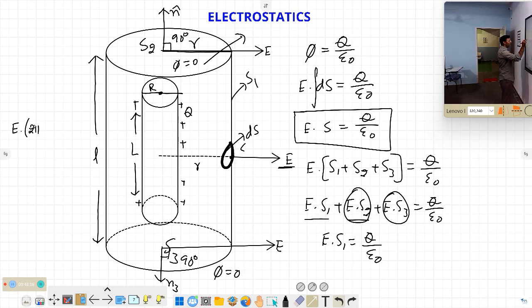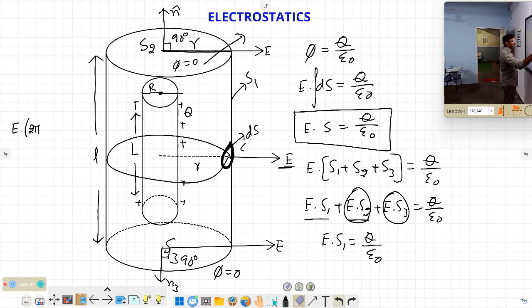The cross section, if you take at this point, gives the circumference, and across the length it gives the total area. That is 2 pi L into, sorry, not 2 pi L, that is 2 pi R into L, because R is the radius of this one. What is the radius of this one? This radius you have to take.